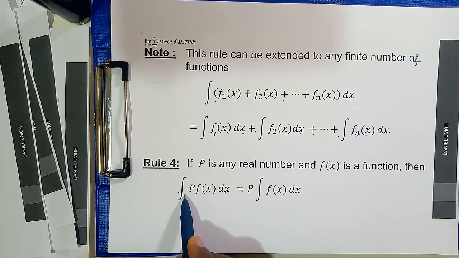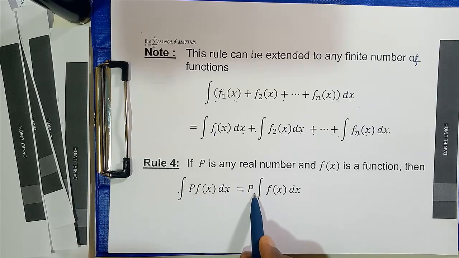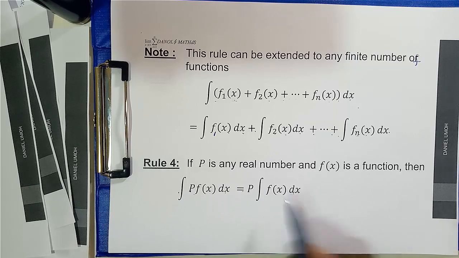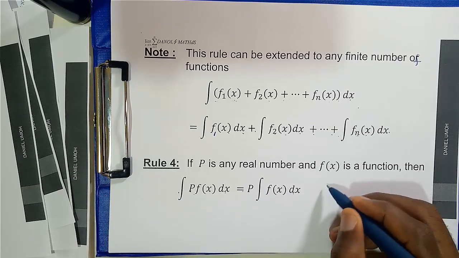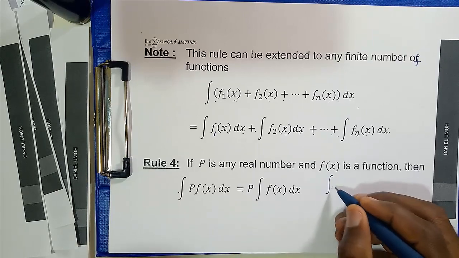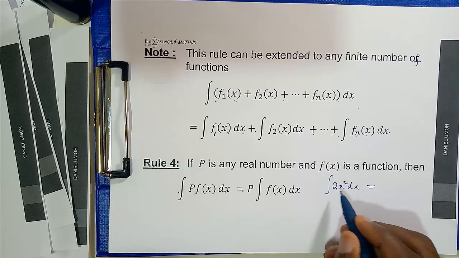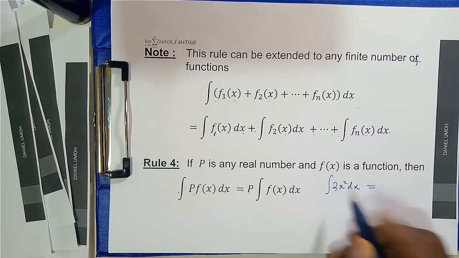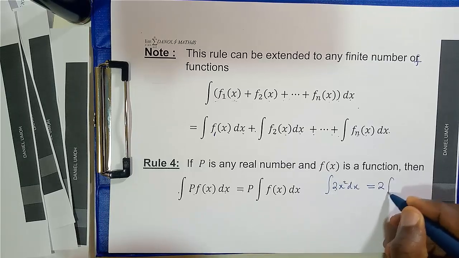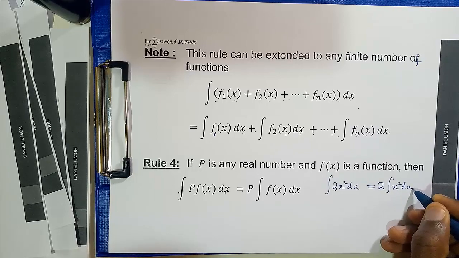So that means this is equal to p integral f of x dx. So if I have, for instance, integral of 2x squared dx, I can always bring the real number outside, to have 2 integral x squared dx.